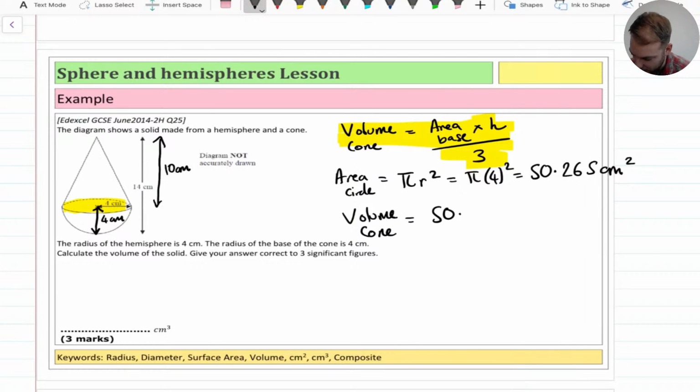So times by 10 divided by 3. So the volume of the cone is equal to 167.6 centimetres cubed, because it's the volume.